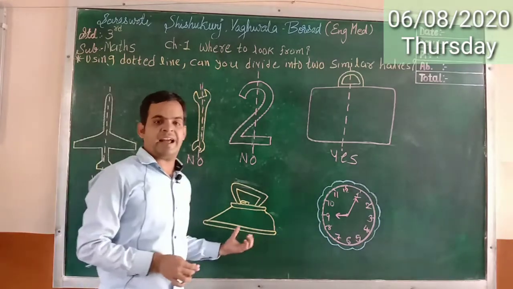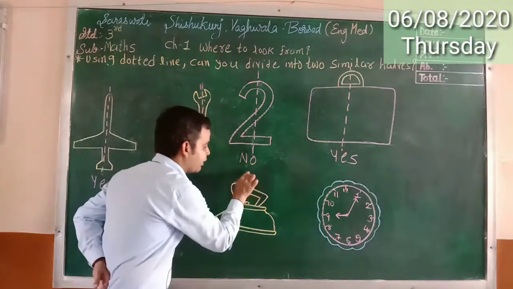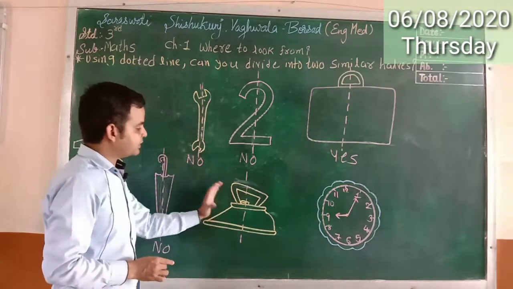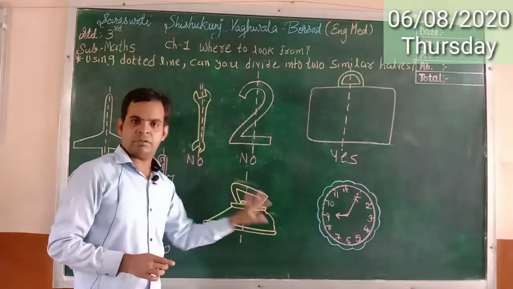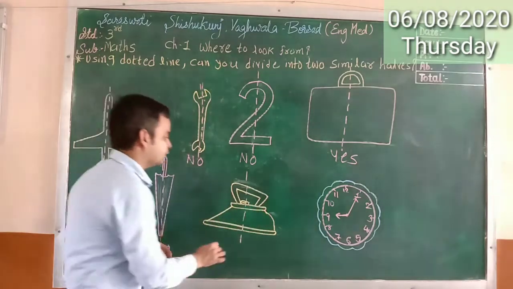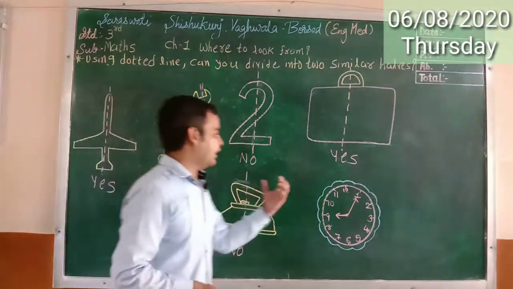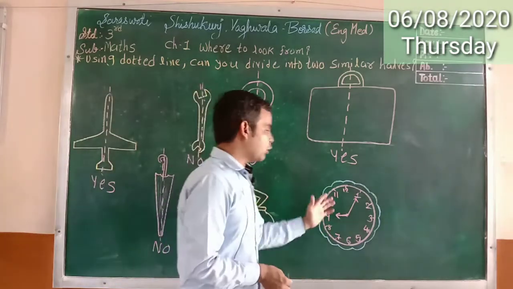Now next one is iron. If I divide this iron figure using a dotted line, are both sides equal? No. So this one is also not mirror halves. Okay, and last one is a clock.